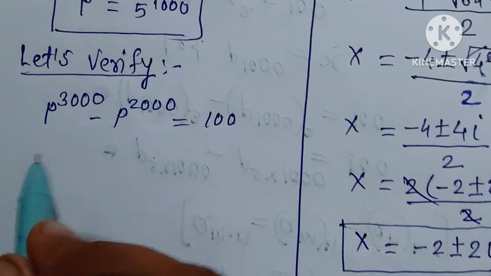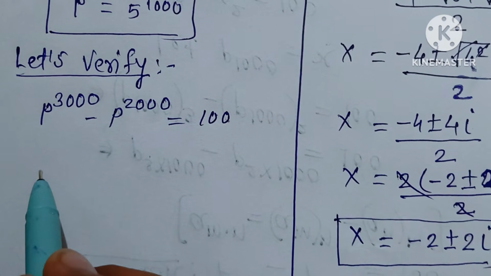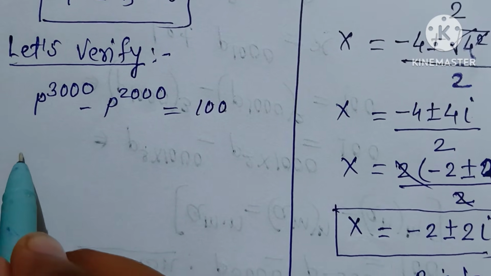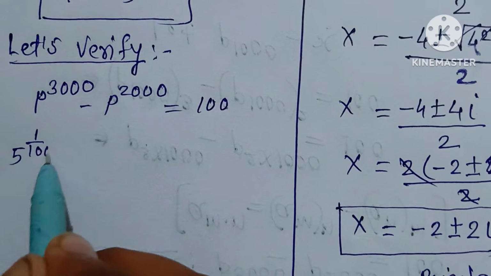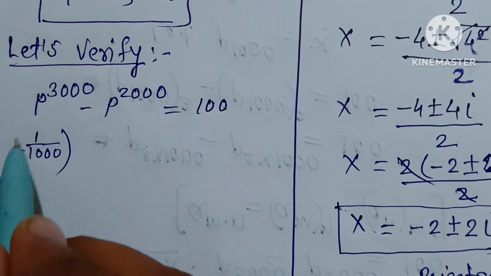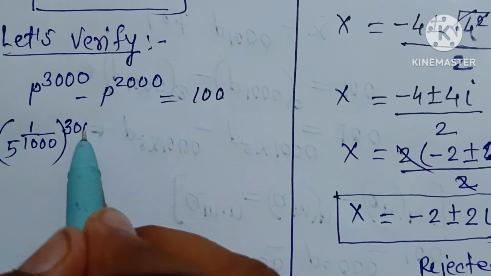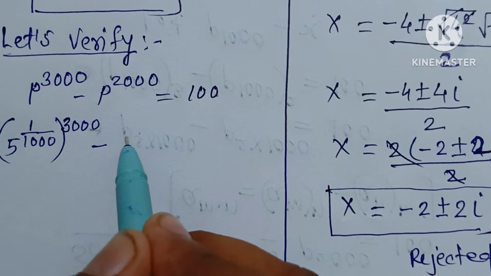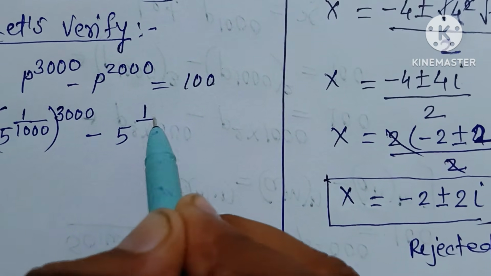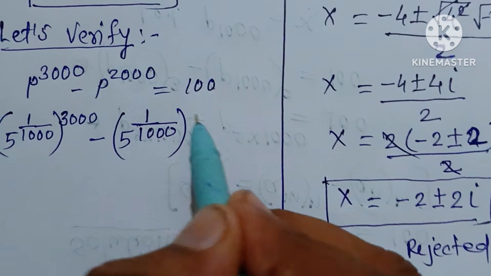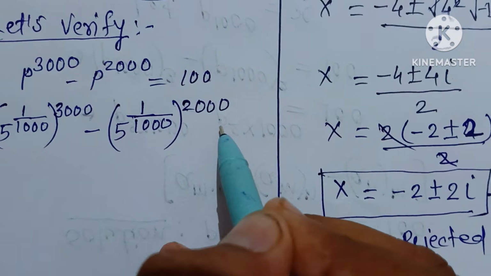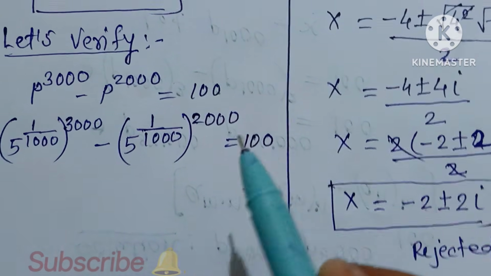Now here the value of p is 5 raised to the power 1 upon 1000, raised to the power 3000, minus 5 raised to the power 1 upon 1000, raised to the power 2000 equal to 100.